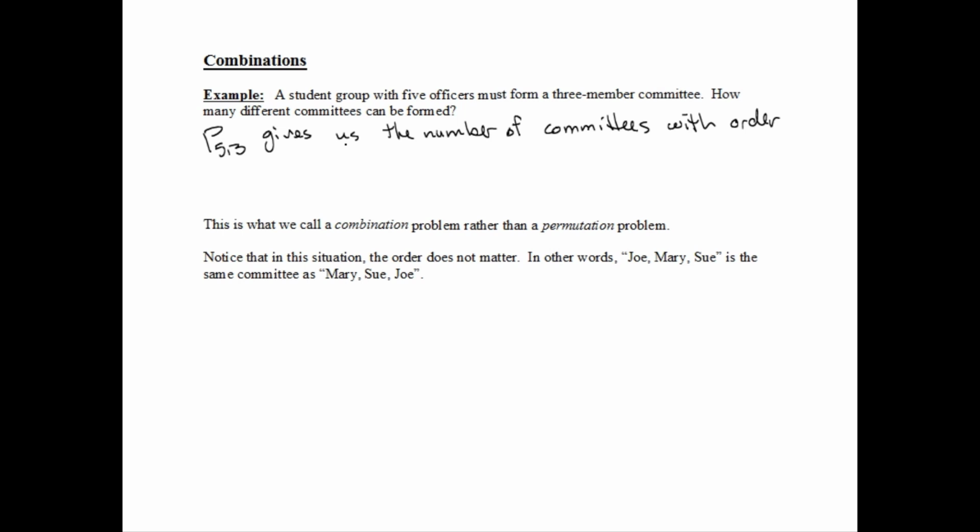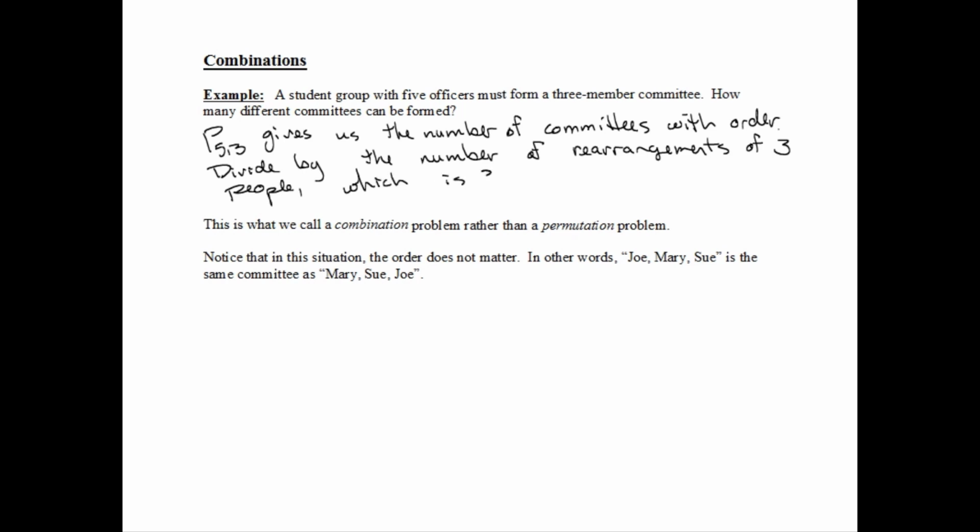We want Joe, Mary, Sue to be the same committee as Mary, Sue, Joe. And so what we're going to do is divide by the number of ways to rearrange 3 people, which is 3 factorial.